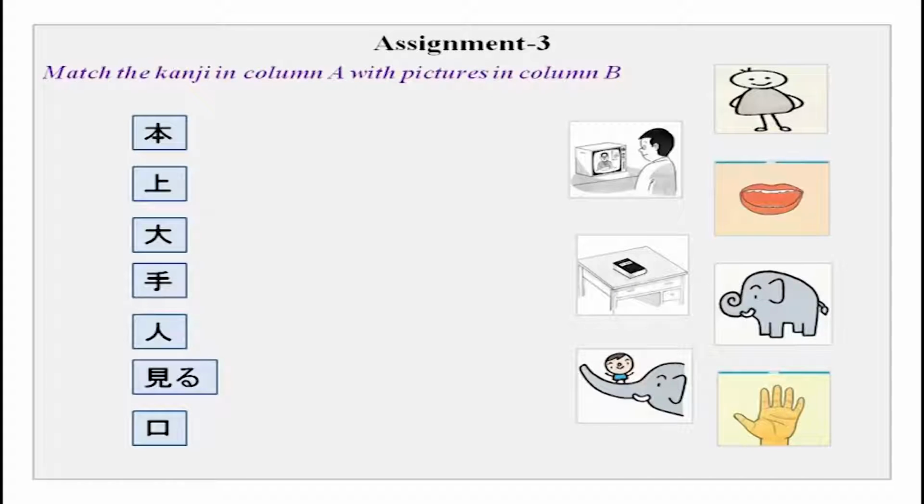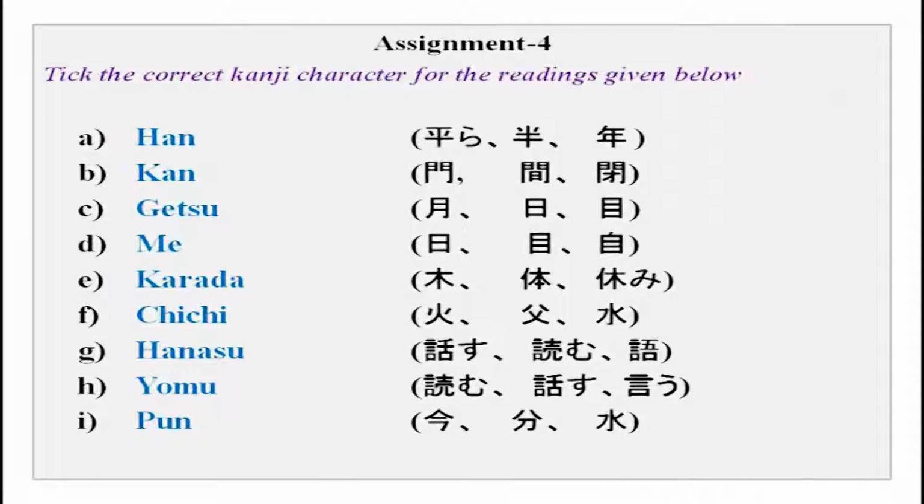and then we have these kanji characters over here. Some pictures for you, just match kanji characters with the pictures given. And then the words are given over here, you have to see and tick the correct reading given.